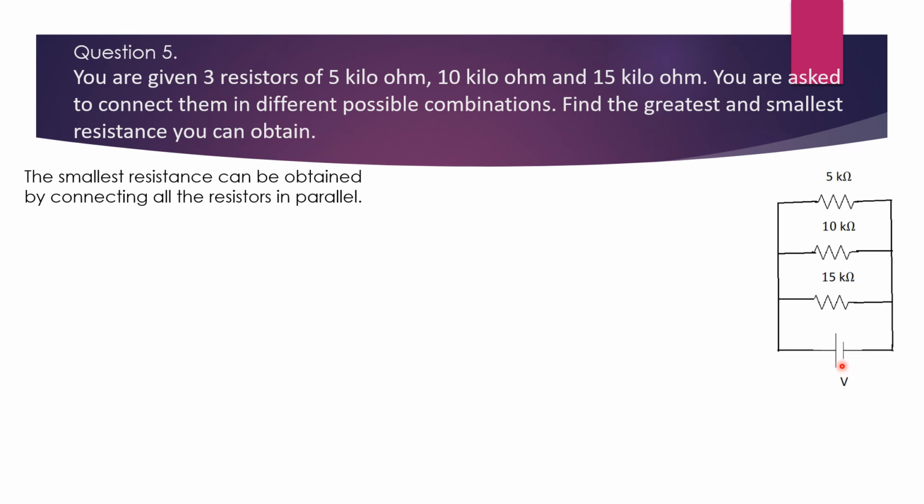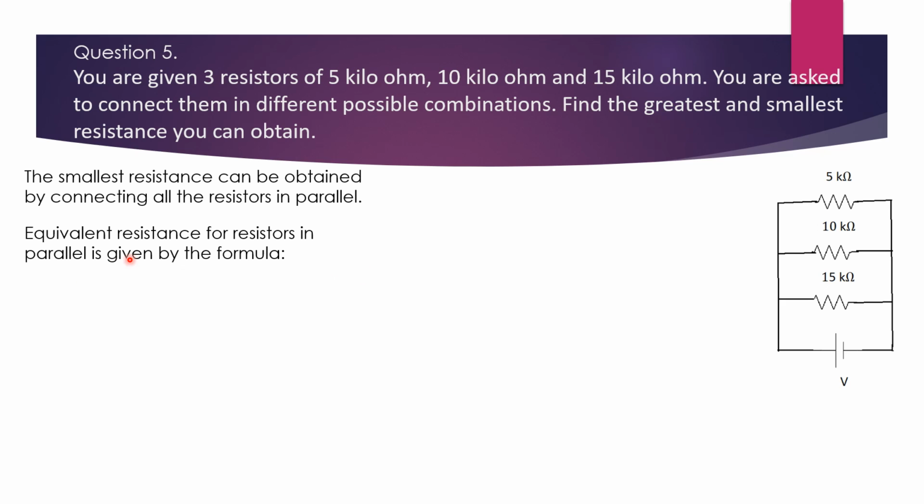In parallel combination, the voltage across all these resistors is V, the same voltage, whereas the current changes in each path. The resistor with the least resistance carries maximum current and the resistor with maximum resistance passes the minimum current. Remember.